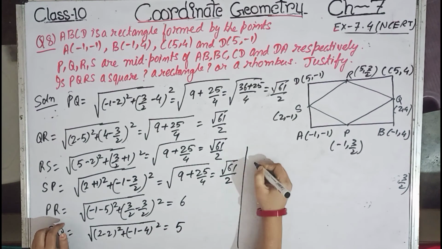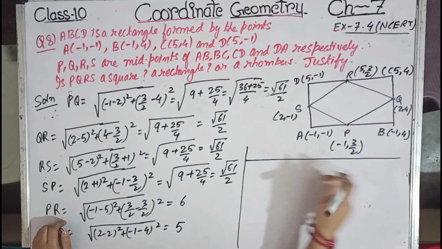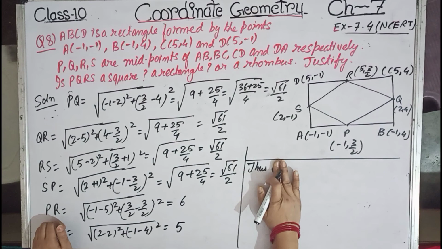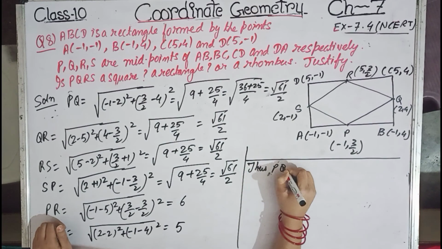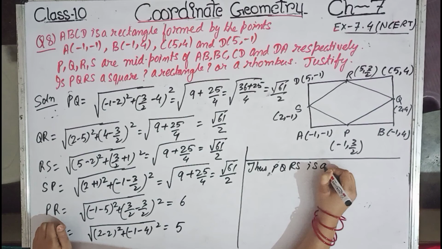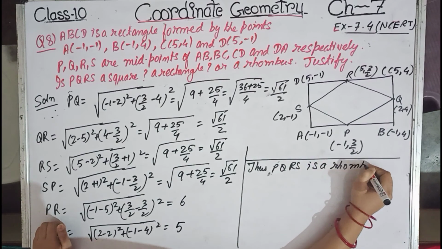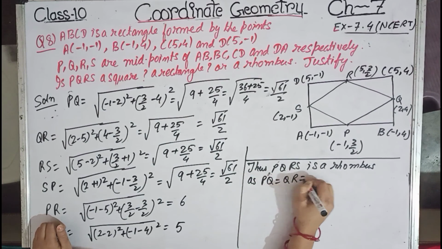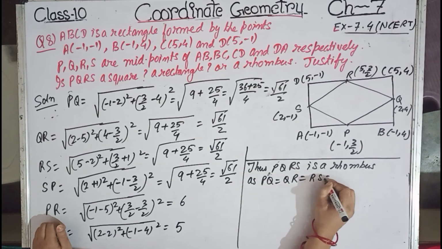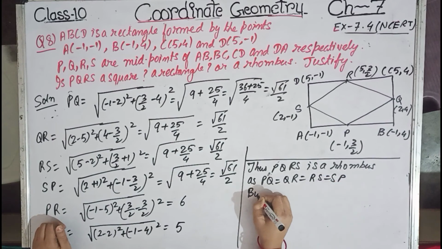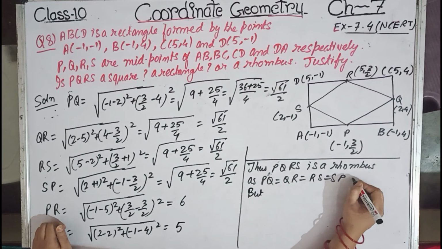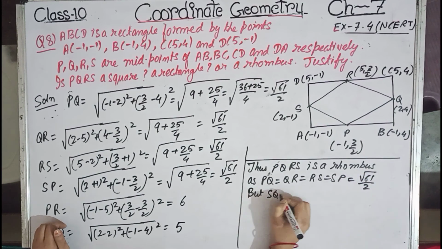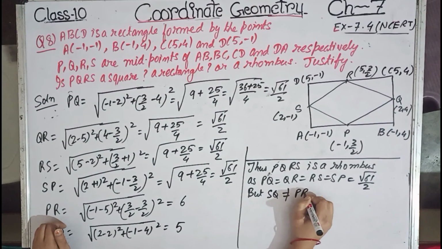Therefore, thus PQRS is a rhombus, as PQ equals to QR equals to RS equals to SP, we can write equals to under root 61/2, but SQ is not equals to PR.